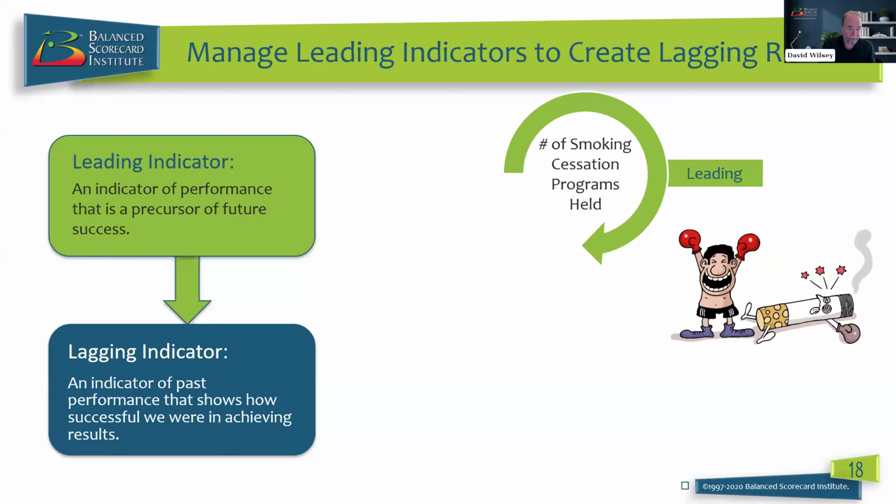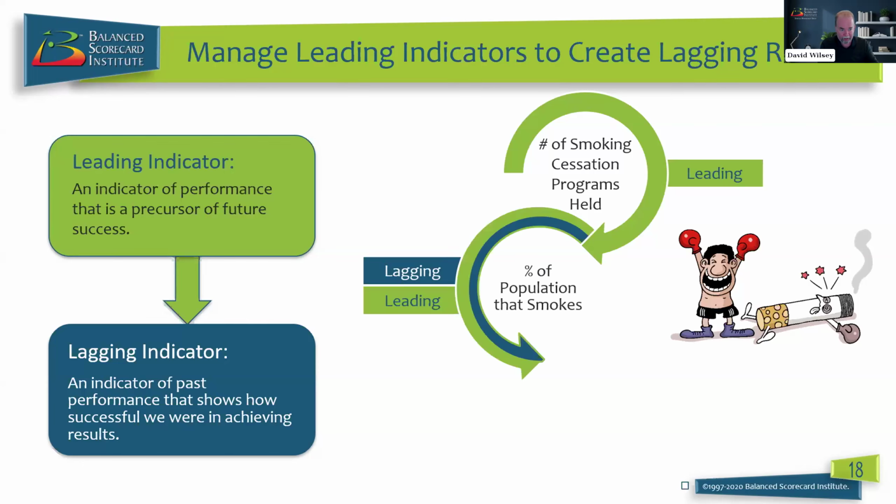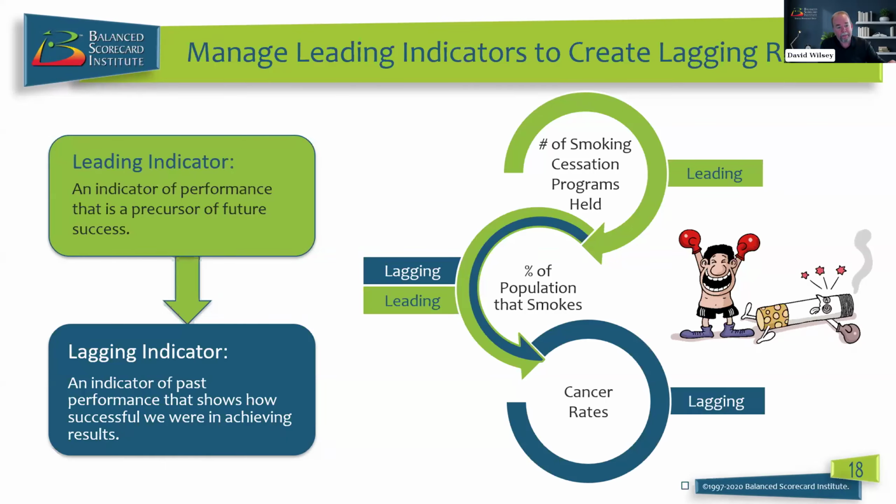But I want my employees to all see how the number of programs we're holding is designed to drive this kind of outcome. We're holding smoking cessation programs, and it's designed to reduce the population that smokes. And I should also, as an employee, understand how that is ultimately driving cancer rates.